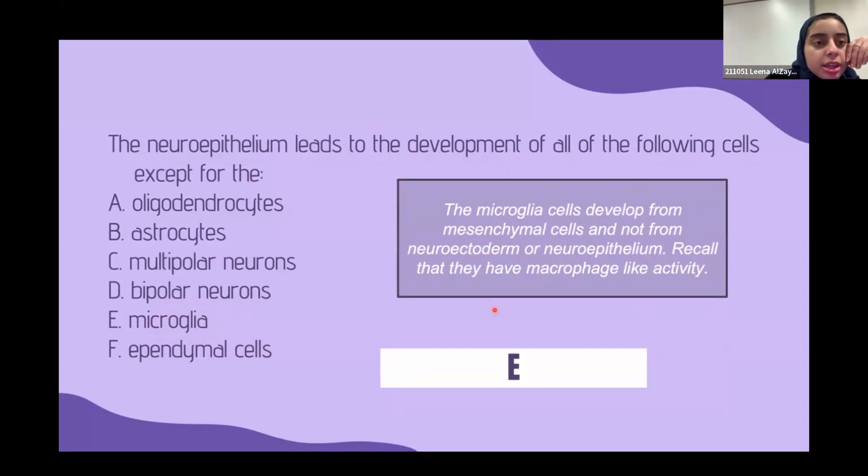They clean up debris, they clean up everything, any debris. So it's actually part of the mesenchymal cells, and then it gets trapped in the nervous system. So it's one of the cells in the nervous system that is not created from the neuroepithelium. It's created from the mesenchymal cells, okay?